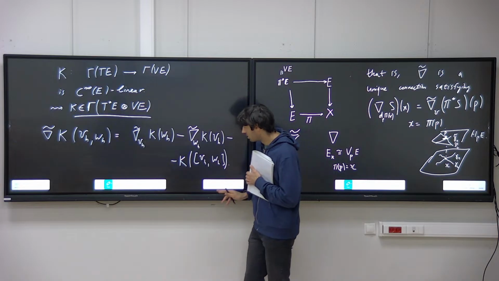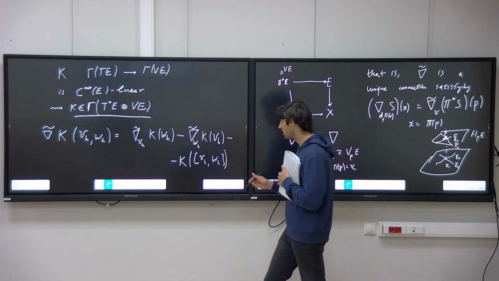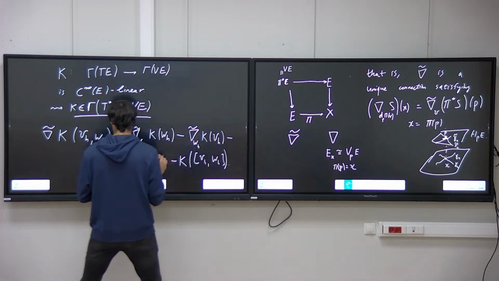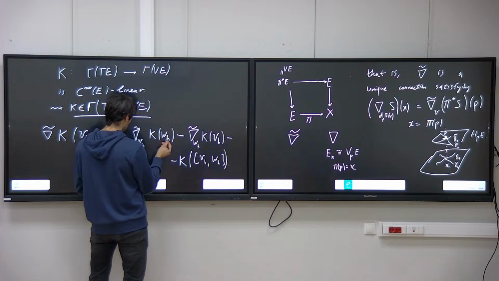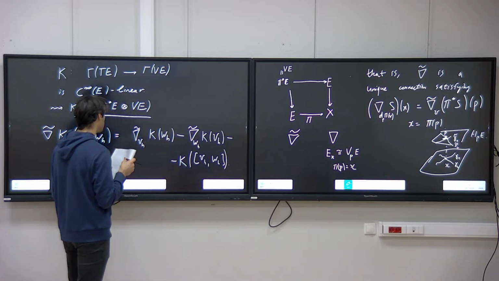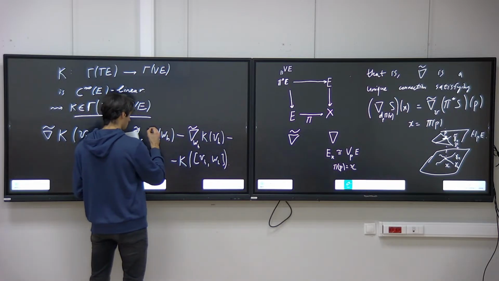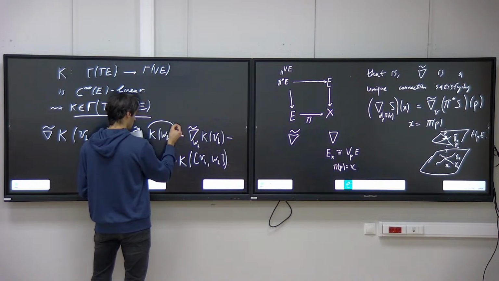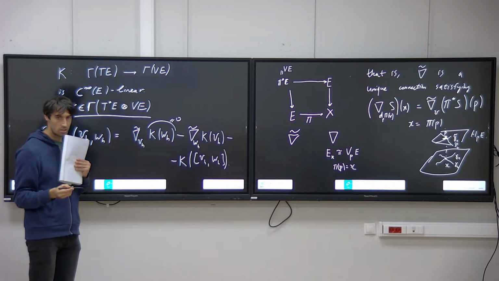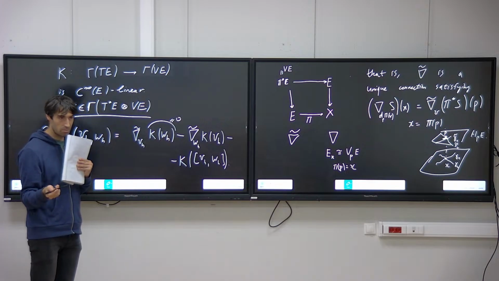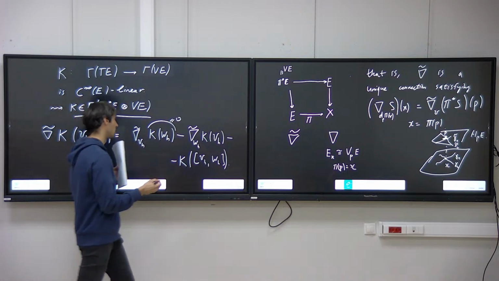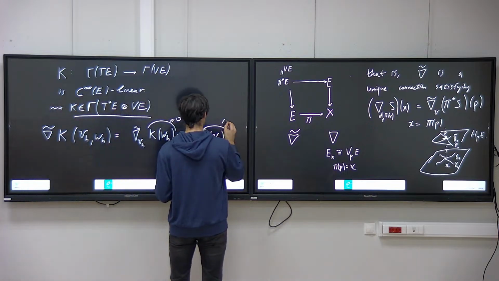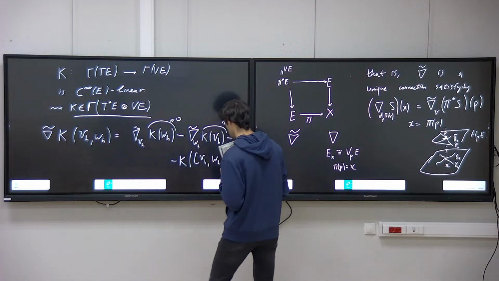Okay, so anyways, we are proving. Let me go back to here. So I have this relation. I'm saying that it's clear that this guy is just a 0, because it's K applied to something horizontal, right? For the same reason, this is 0.